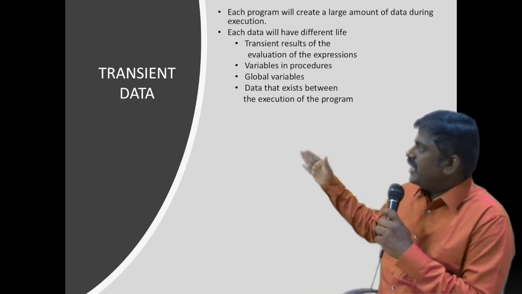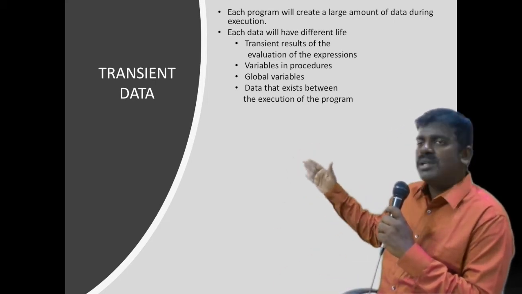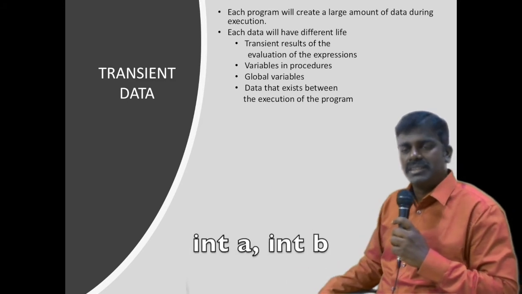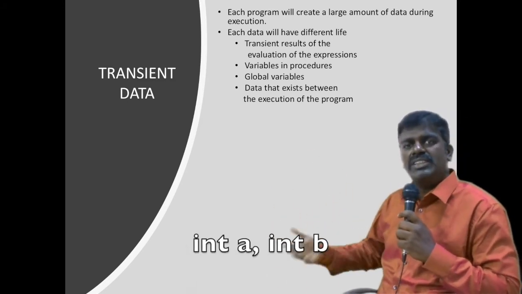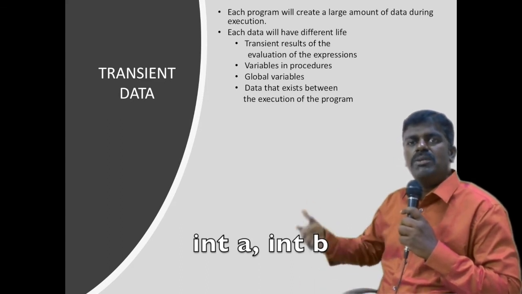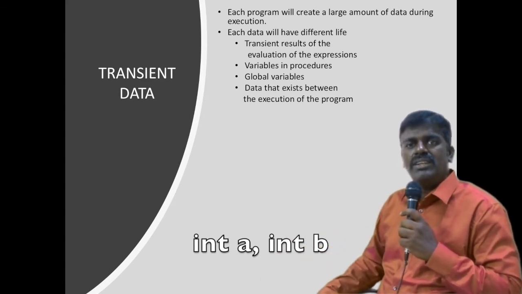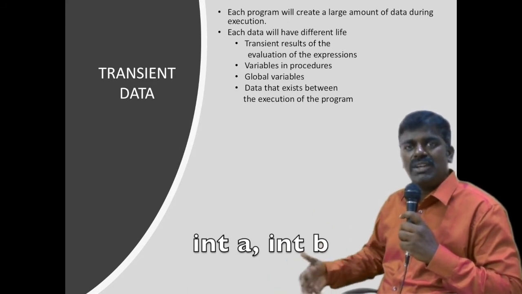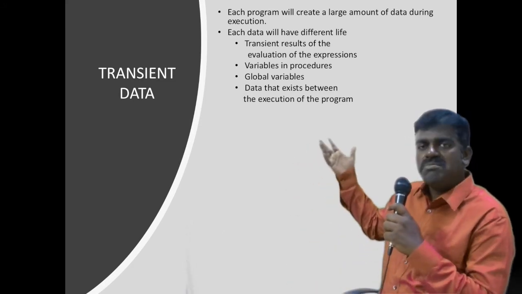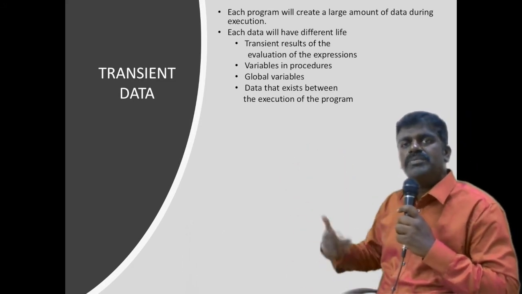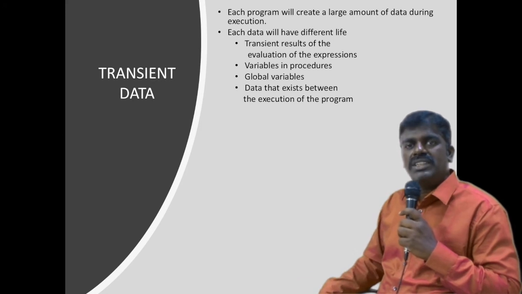Similarly, when you are declaring the variables a and b as integers, int a and int b, they are variables, so the value will not stay as it is. Every time it will change for different executions of integer a and b, so that is when the temporary data object has to be created.